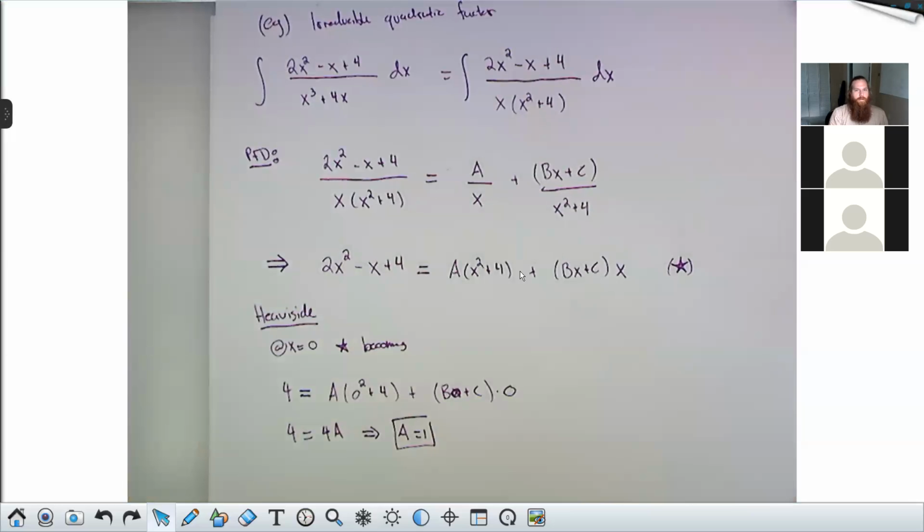But there's nothing nice I can plug in that will make this guy 0. I could plug in 2i and negative 2i. I'm kind of fibbing a little bit there, but you would have to be willing to mess with complex numbers.